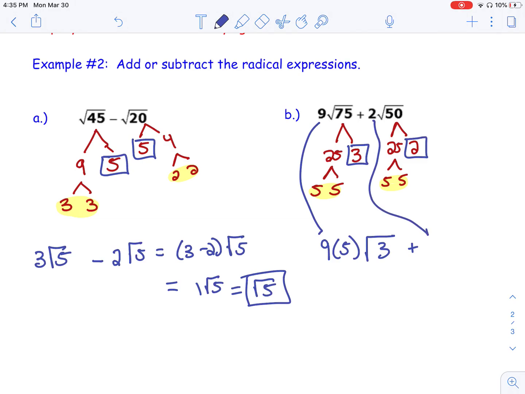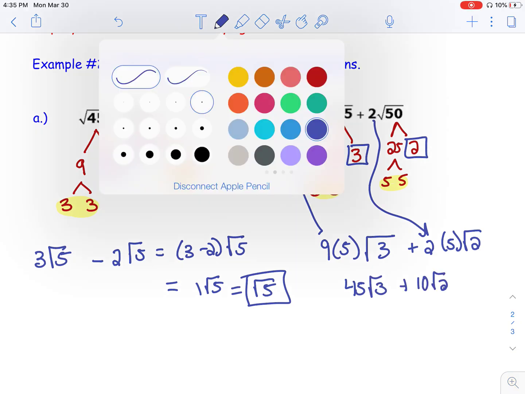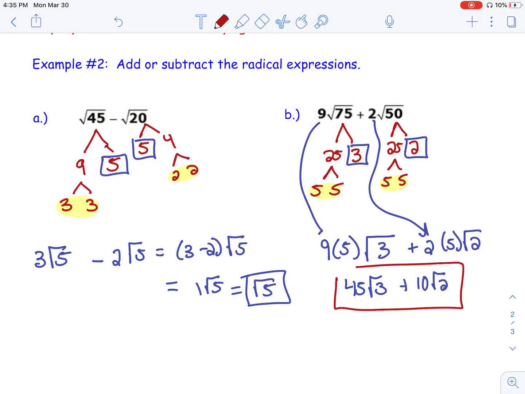So this 2 is going to come down here. I'm going to multiply it times the 5, and I'm going to leave the 2 underneath. So I end up with 45 radical 3 plus 10 radical 2. I can't combine anything, so this is my final answer.